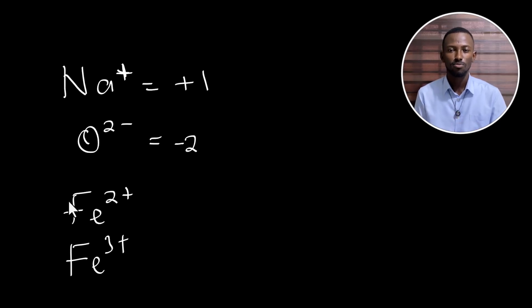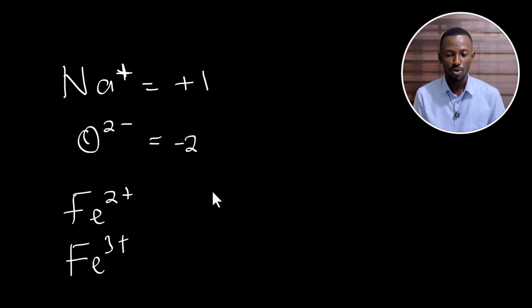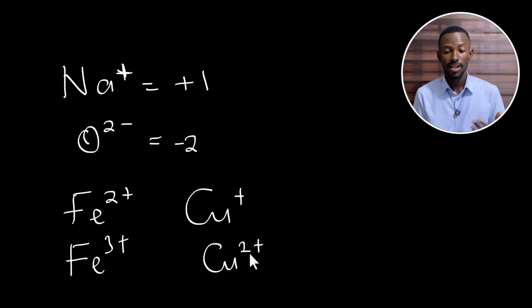Don't worry yourself too much understanding why that is the case. All I want you to know is that iron can be Fe2+ or Fe3+. Then we also have copper, Cu+ or Cu2+, depending on the atom it is bonding with.